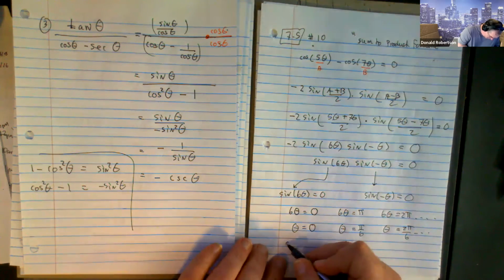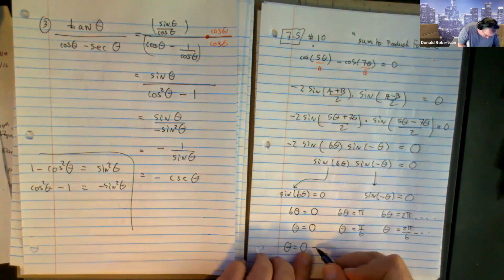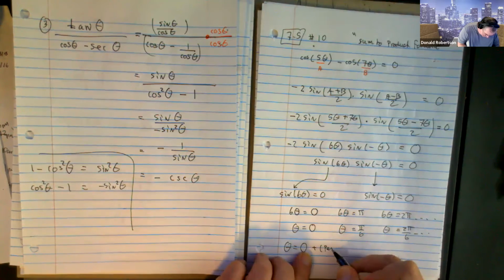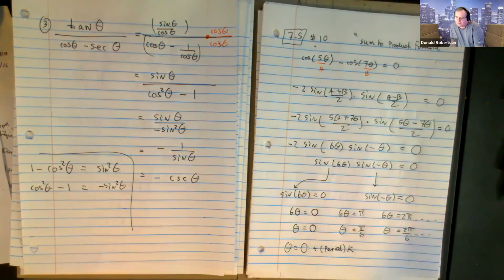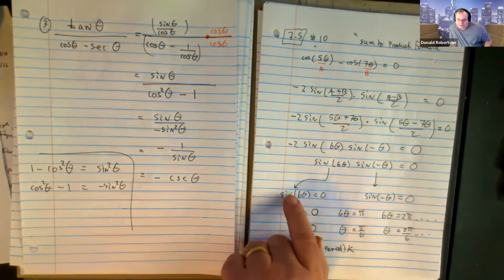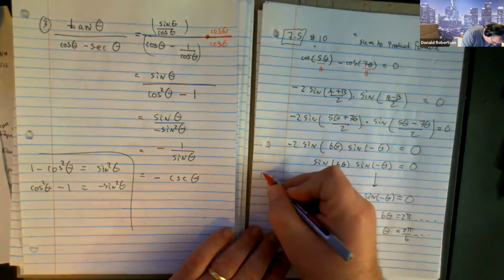So far, so good. Let's just take this one. Isn't the formula 0 plus the period times k? Can you remember that rule, how to generate the infinite answers? What is the period of the sine of 6 theta?